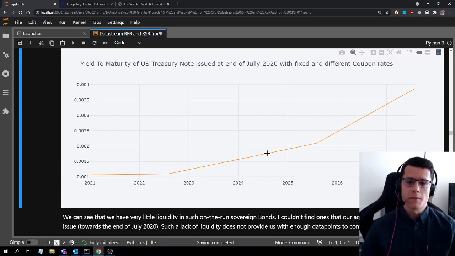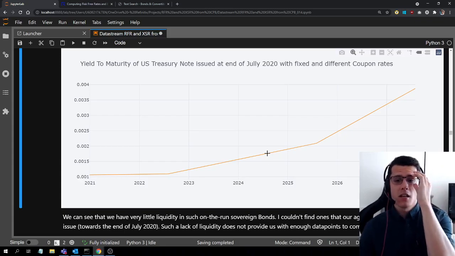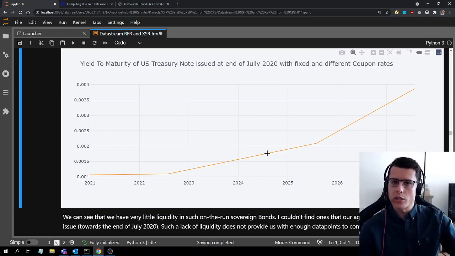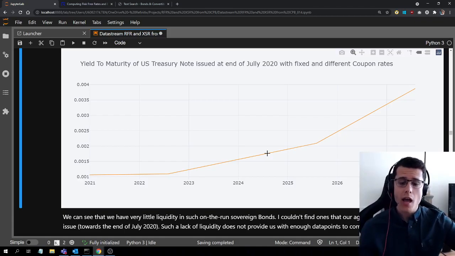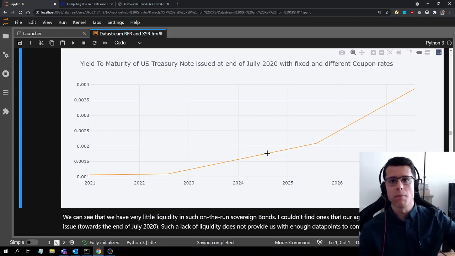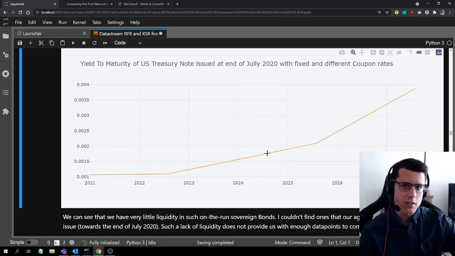You'll get a yield. The trouble with this is that if I'm very happy with that interpolated yield, and then I go to my portfolio manager and say, okay, look, I'm trying to hedge some risk that I've just taken. I've bought a stock that's quite volatile, and I'd like something that's not too risky, to make sure that if things go wrong, there is still some cash flow coming in.